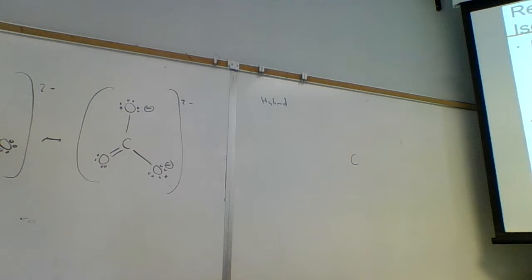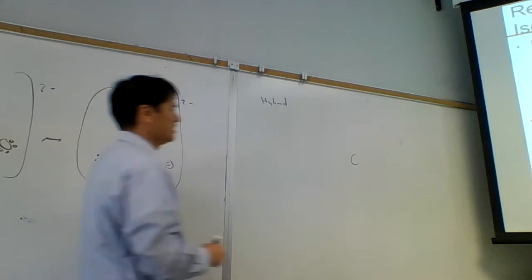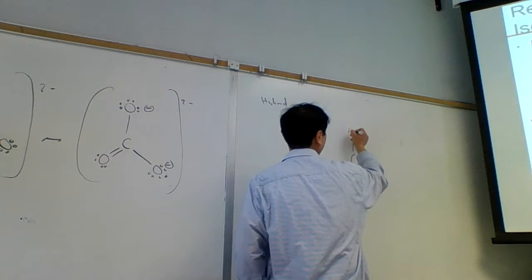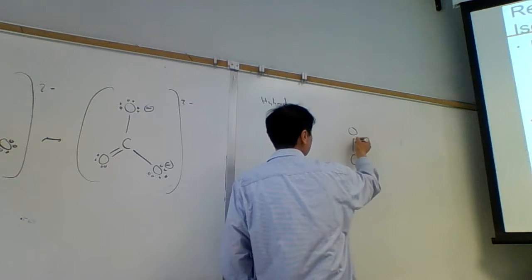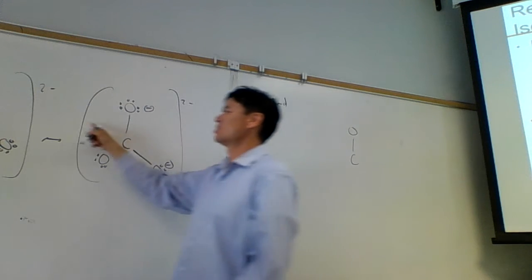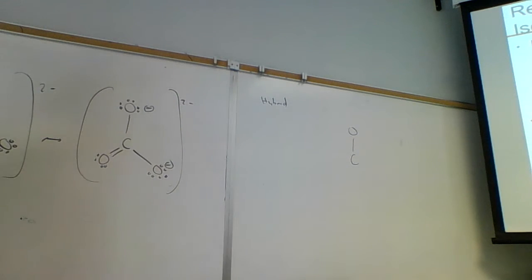A double is 2 and two singles is 2, so we're averaging 4. If we average 4 over 3 positions, we get 4/3 of a bond. What that means is there's always a single bond there, and then the double bond is distributed over 3 structures.